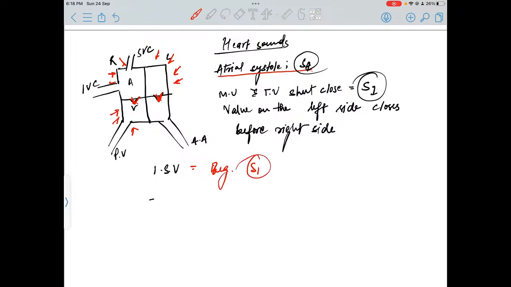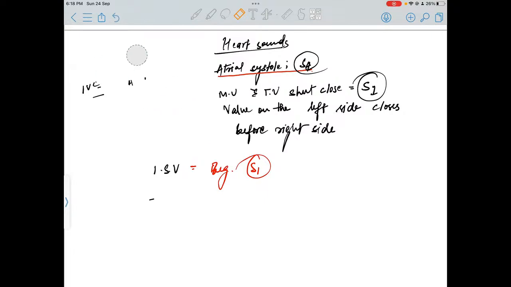S1 sound, right? Now okay, I'll make a new diagram.